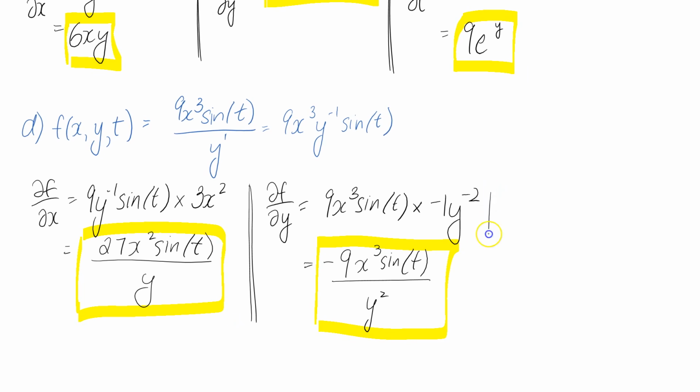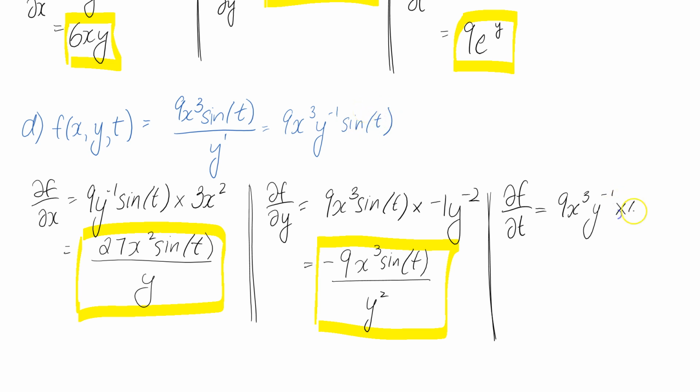So we've got one left, which is the derivative with respect to t. So this time, since we're looking at t, it means x and y are constants. So the overall constant that sits out the front here is going to be the 9x cubed y to the power of -1. And then we need the derivative of sine t with respect to t.